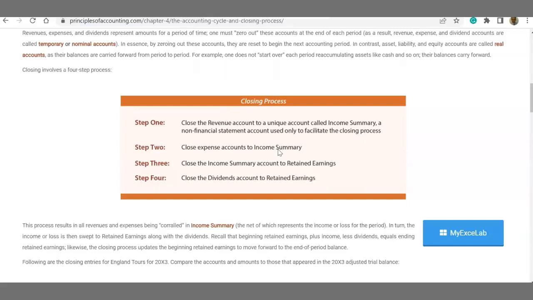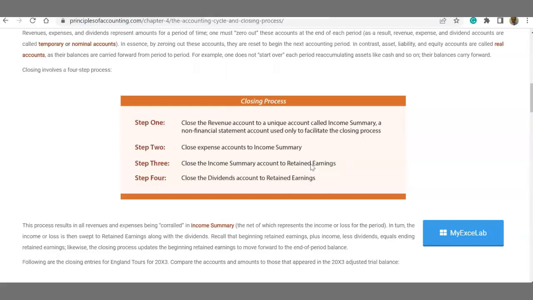After revenue and expenses are closed into income summary, the income summary is where you summarize your income. You say, okay, revenue minus expenses equals whatever it is. And then you close the income summary balance into the retained earnings, which is step number 3.